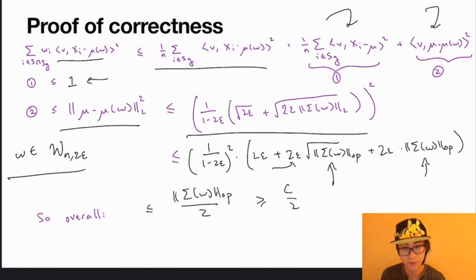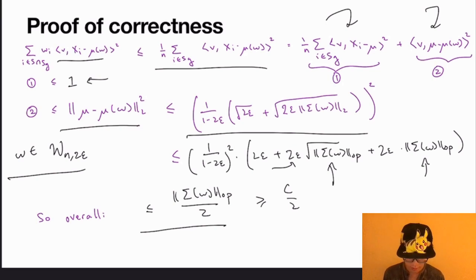So as long as epsilon is sufficiently small, you'll always get something which is less than the spectral norm of sigma w over some arbitrarily small constant. So putting that all together, you'll get that the sum of these two things is less than the spectral norm of sigma w over 2, and that concludes the proof.